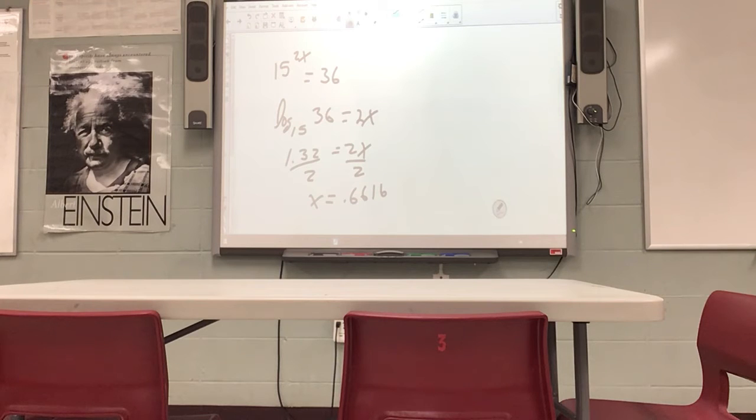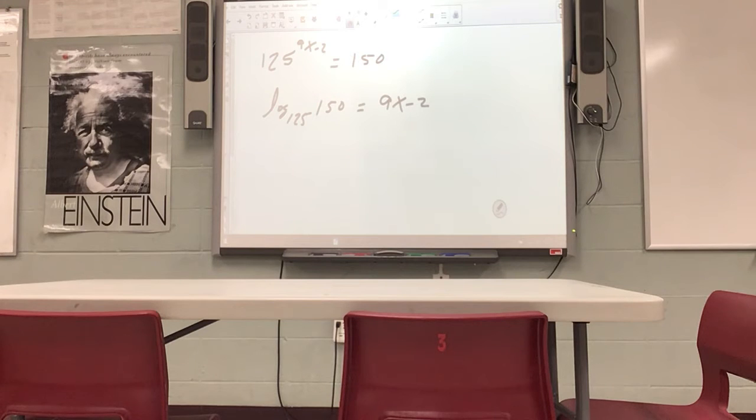Last page, but it's got the most problems on it, doesn't it? Number 12, 125 to the 9x minus 2 is equal to 150. Okay, started the same way as we did the last one, looks like the same kind of problem, right? So log base 125 of 150 is equal to 9x minus 2.